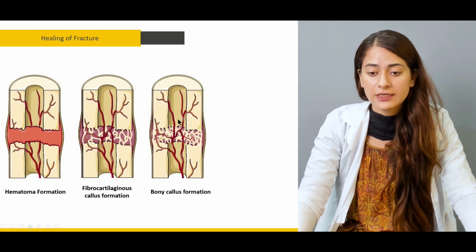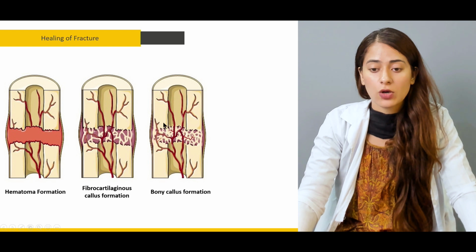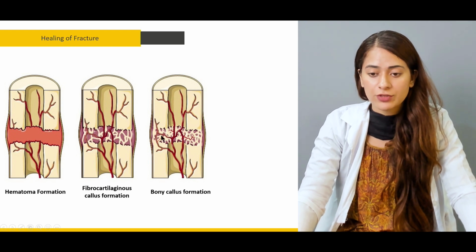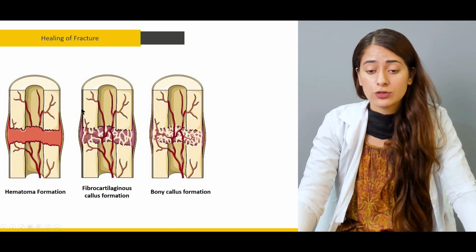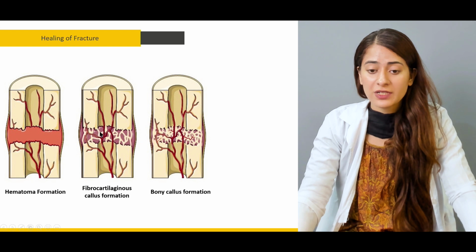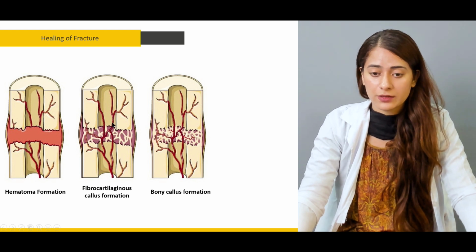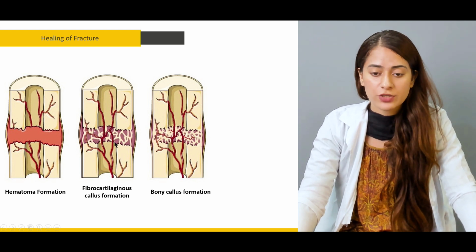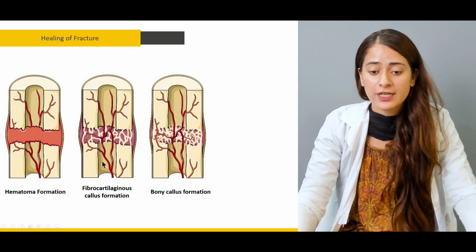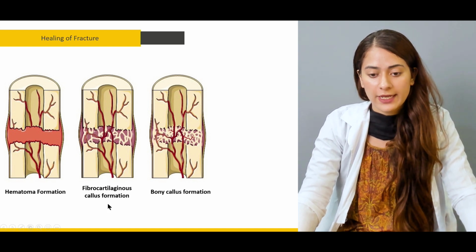It has not completely ossified as shown here, but it is ossifying, and the integrity of the bone is maintained. An important thing to notice here is that this disrupted blood flow has been continued here by the process of angiogenesis, obviously. The angiogenesis process is a part of fibrocartilaginous callus formation.